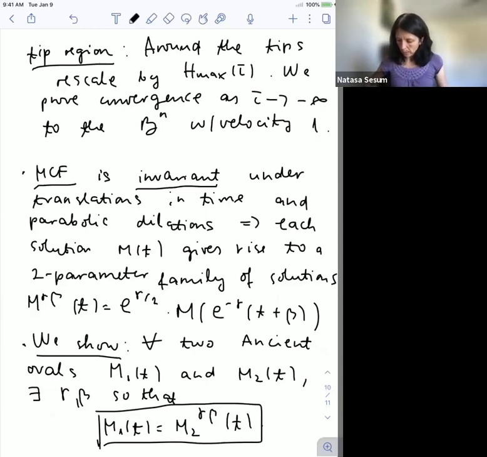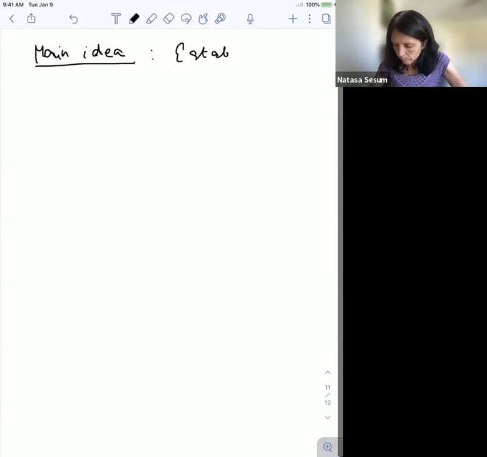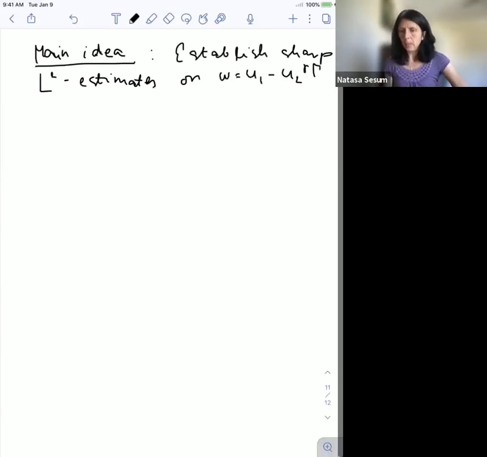And in proving the uniqueness, I'm going to tell you just the main idea, which is to establish sharp L2 estimates on a difference W of two solutions, U1 minus U2 gamma beta.